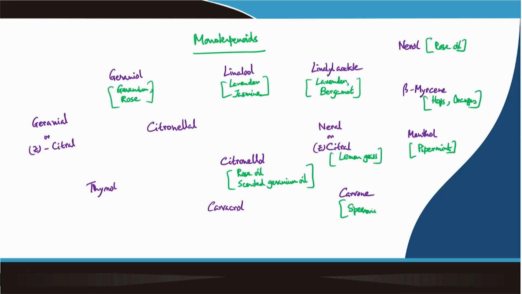So, this is one way we are revising the content of the earlier class. Spearmint. Carvacrol you will find in Indian prime rose, or it is called Plectranthus.